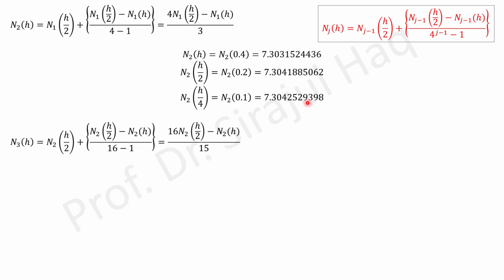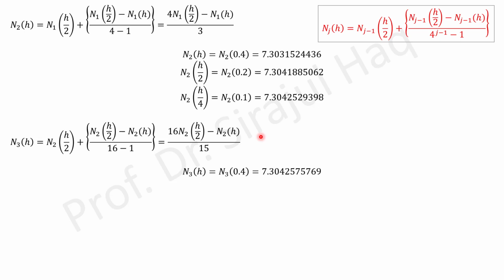Now let's come to N3. Substitute j is equal to 3. For j equal to 3, you need N2 of h divided by 2, minus N2 of h divided by 4, and 4 raised to the power 3 minus 1, which is 4 raised to the power 2, 16, minus 1 is 15. You can see over here, and if you take the LCM, you get 16 times N2 of h divided by 2 minus N2 of h, divided by 15.